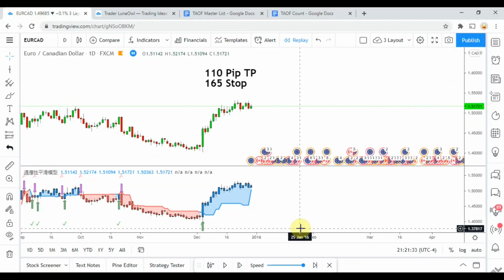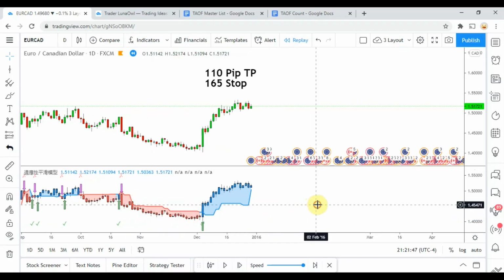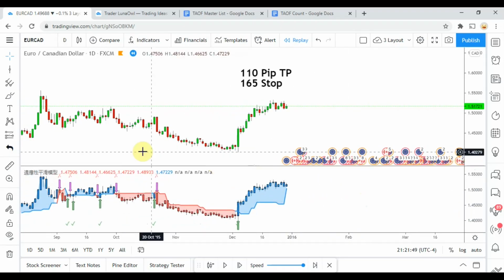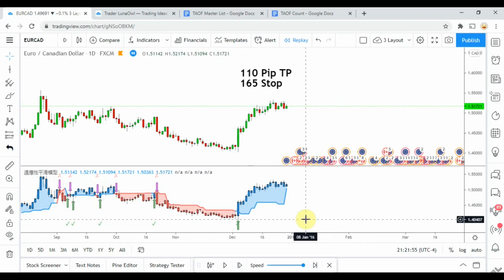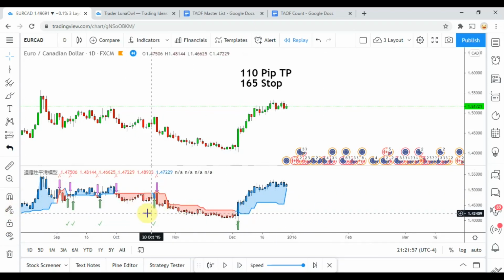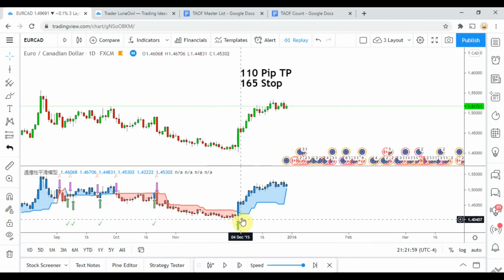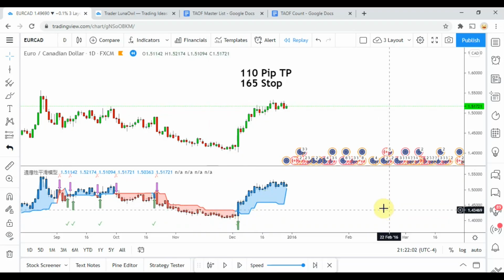Alright, so today's indicator is the 11 kinds of adaptive MA model. Quite a mouthful, if I do say so. You can see it here on the bottom of the screen. Basically what we have is a kind of oscillating moving average running through a price action that is projected on a lower panel down here on the bottom.